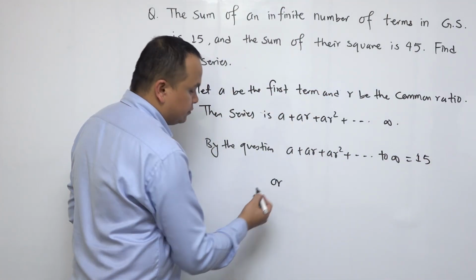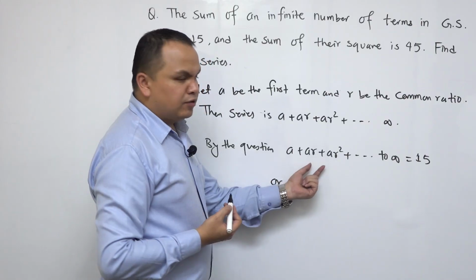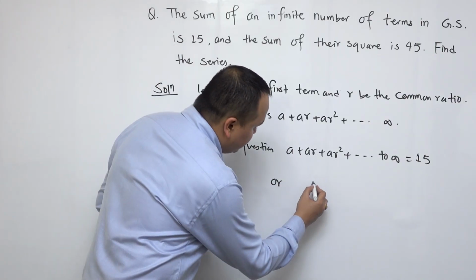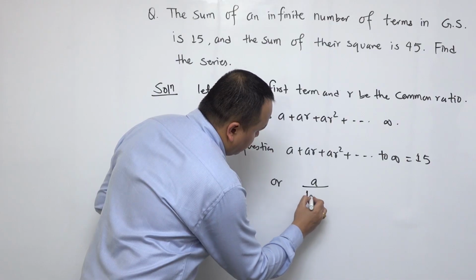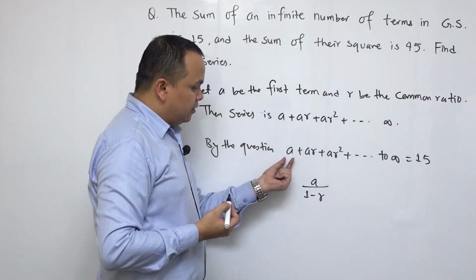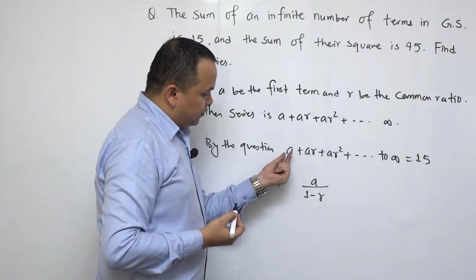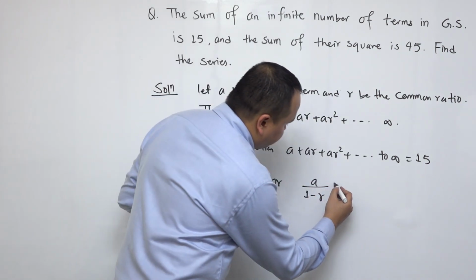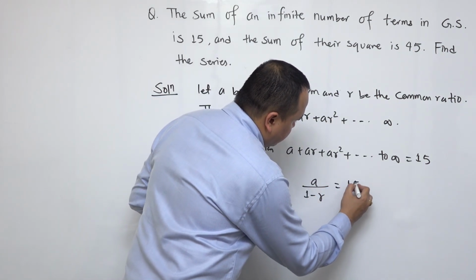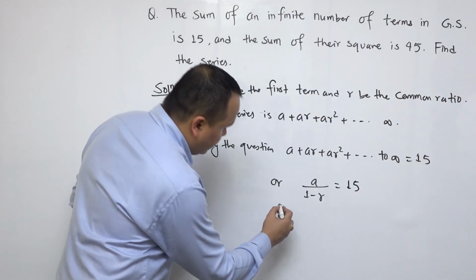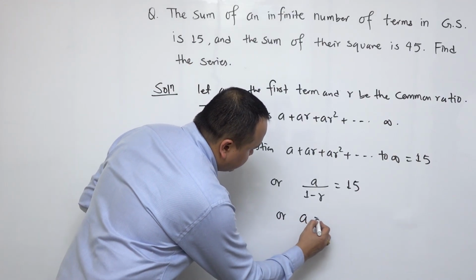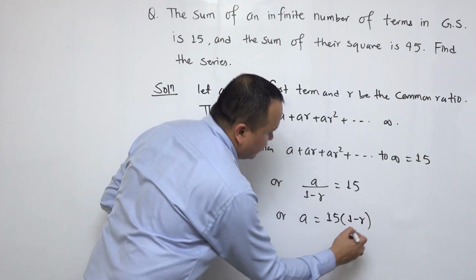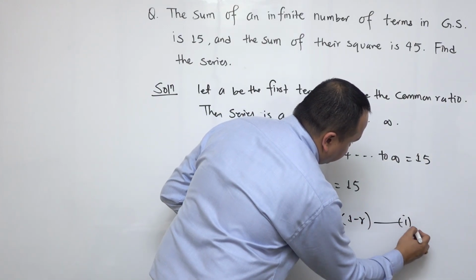We have the formula for the sum of an infinite GP, which is A upon 1 minus R, because here the first term is A and the common ratio is R. So this is equal to 15, or A is equal to 15 times (1 minus R), equation I.